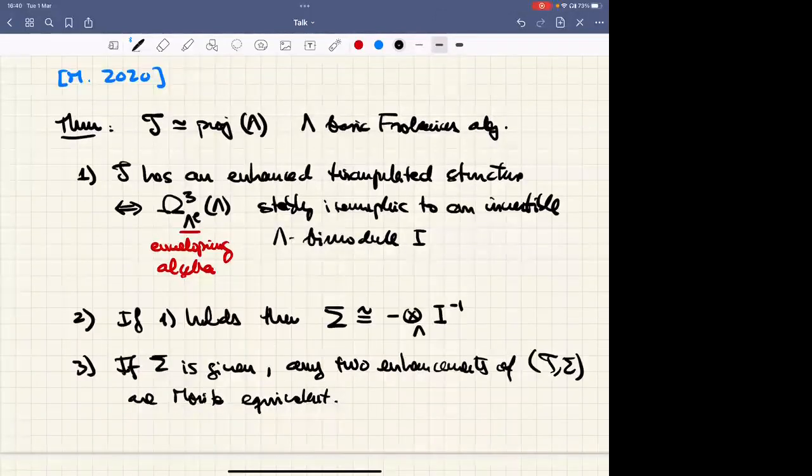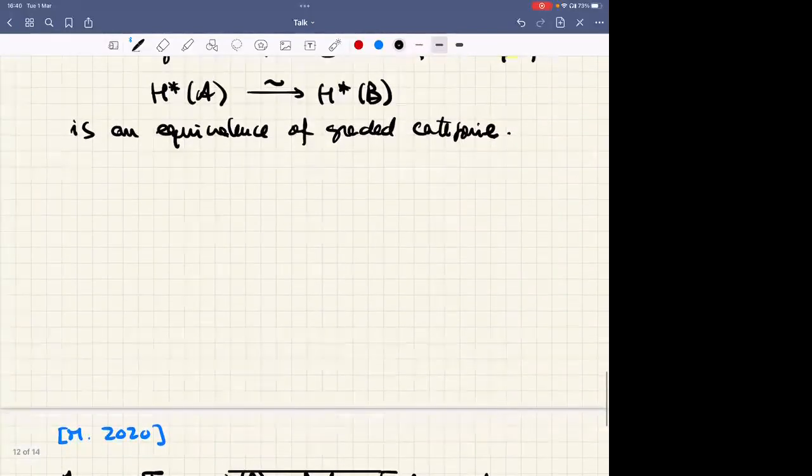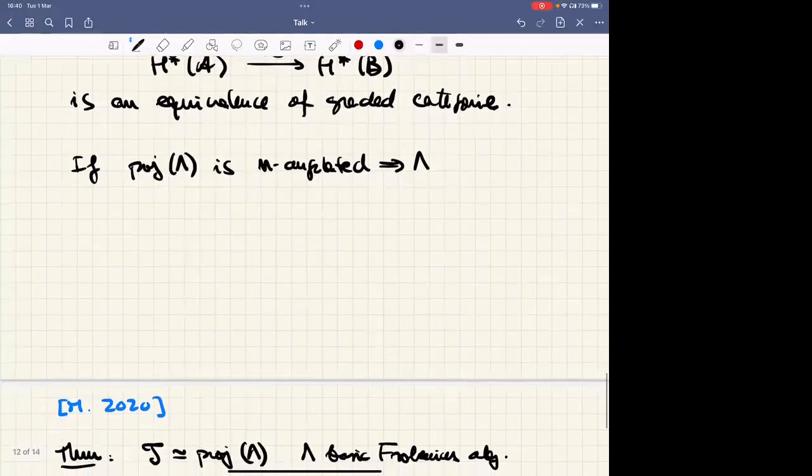Okay, here we are. By the way, I didn't mention it before, but as a consequence of the theory of Geiss-Keller-Oppermann, if the category of projective modules of a finite dimensional algebra is n-angulated, then for lambda a basic finite dimensional algebra, lambda is Frobenius.